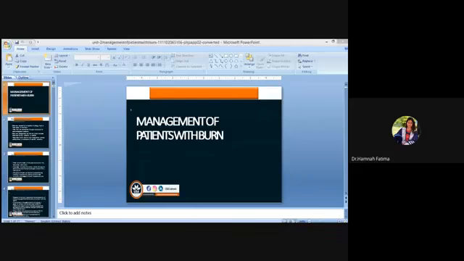Okay. Means the patient must be referred to a burn center. If partial thickness or full thickness burn is 20% in the 10 to 40 years age group. So below 10 and over 10% is considered severe burn injury and must be referred to a burn center.